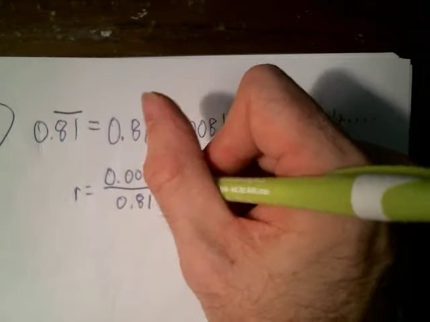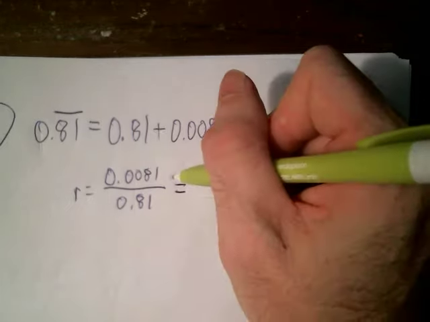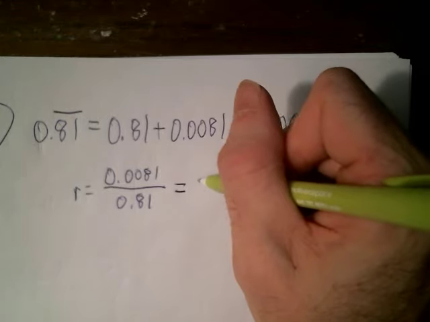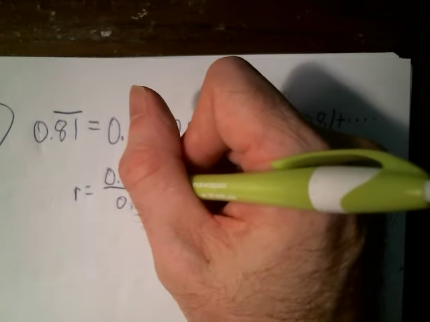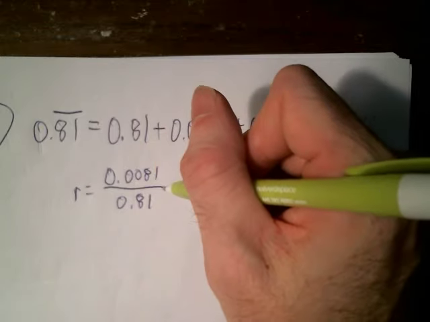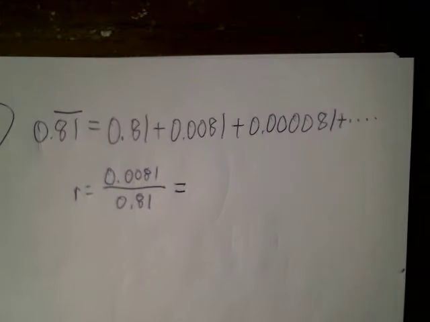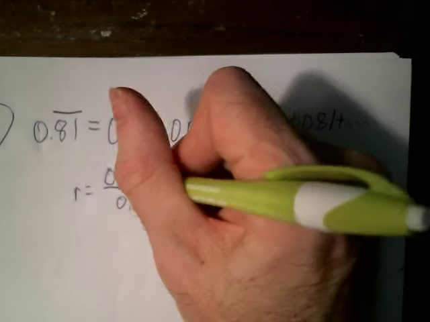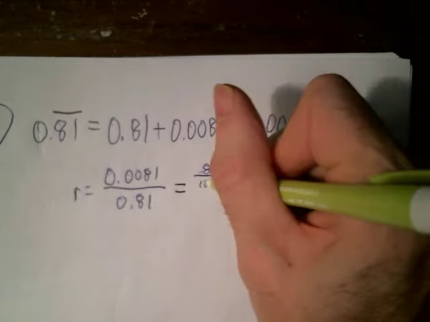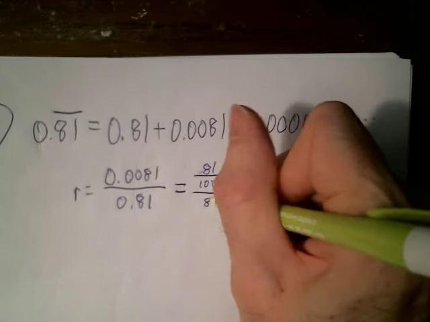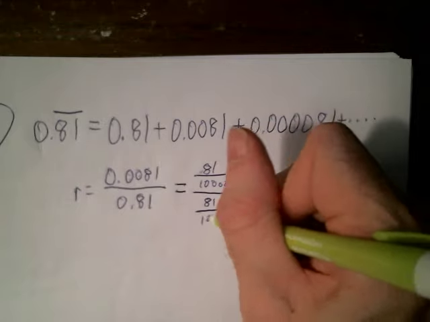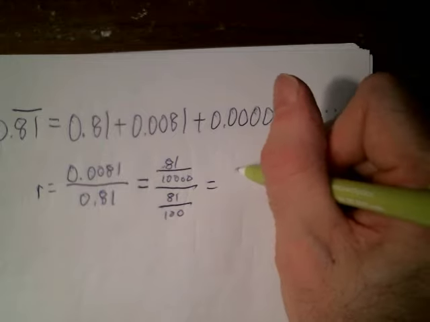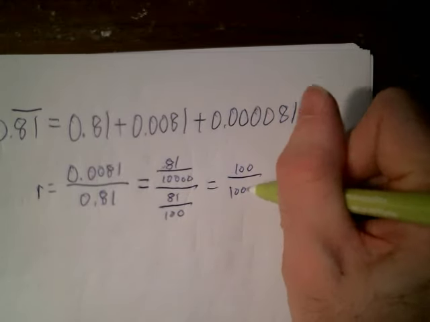You can move the decimals if you want. I'm getting 81 all over 10,000, all over 81 all over 100, which, multiplying by reciprocals, is 100 all over 10,000.